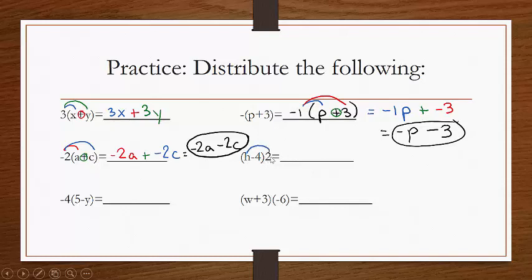Let's go backwards. 2 times H, 2H. Copy the minus. 2 times 4, 8. There's nothing more we can do with that. We leave it alone. -4 times 5, -20. Copy the minus sign. -4 times y is -4y.